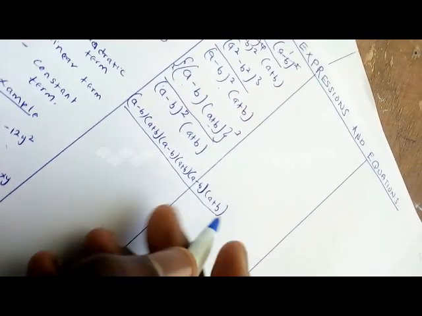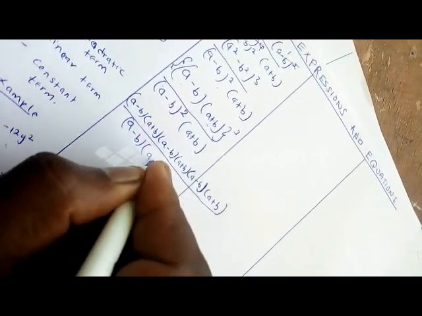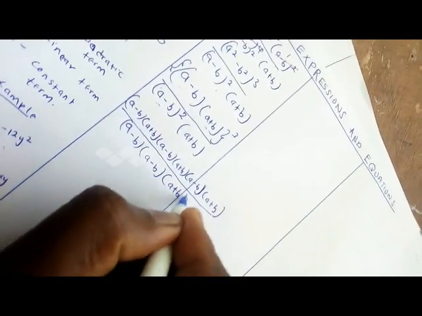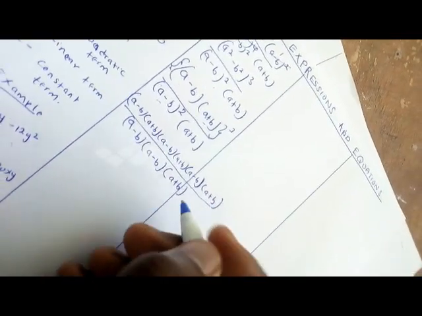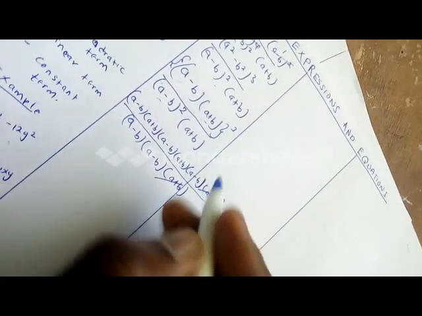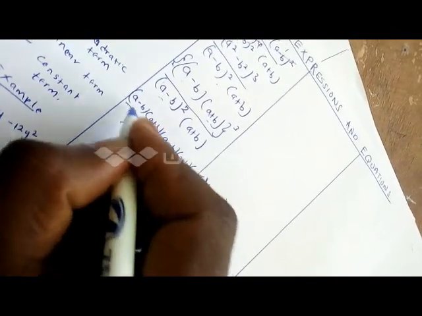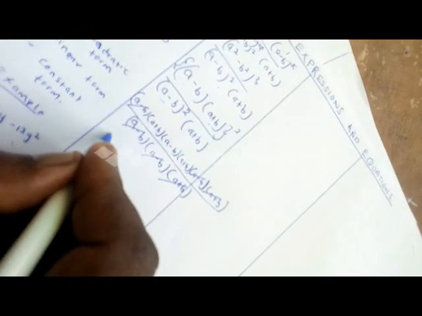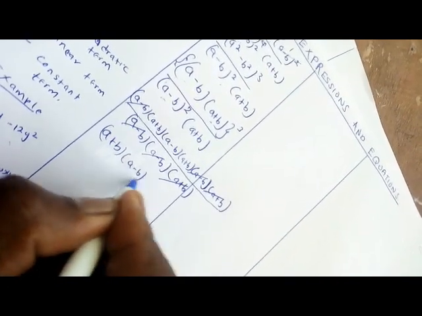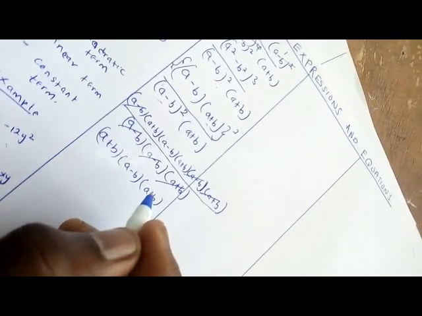All of this is divided by (a minus b)(a minus b) for this section, then you have (a plus b). So from there, you can cancel the like terms. That is the like terms. You can cancel the like terms, and you cancel the like terms. So you are left with (a plus b)(a minus b)(a plus b). That is what you are left with.